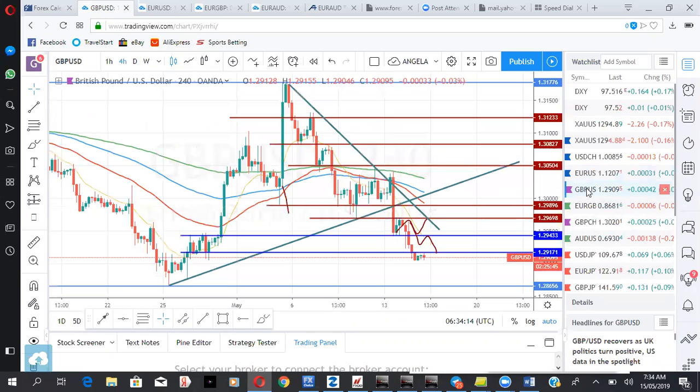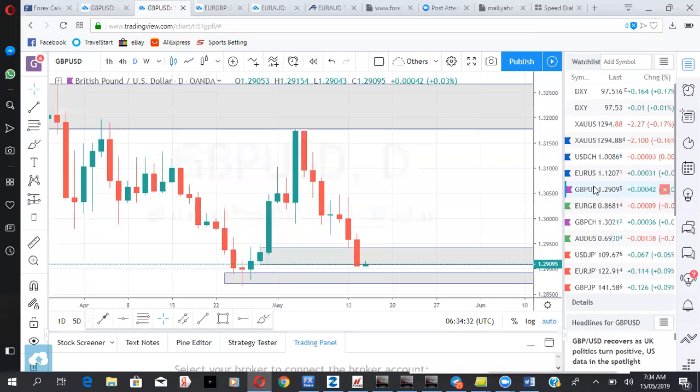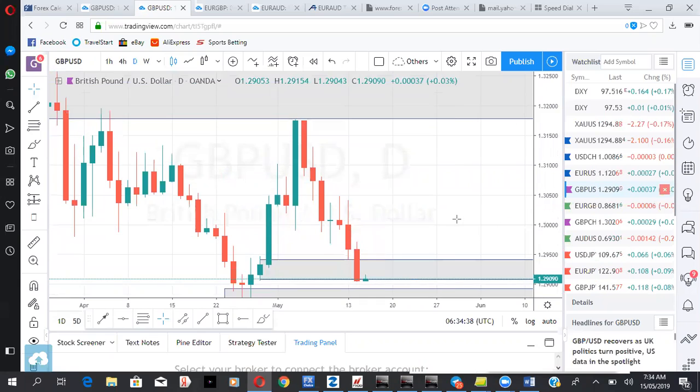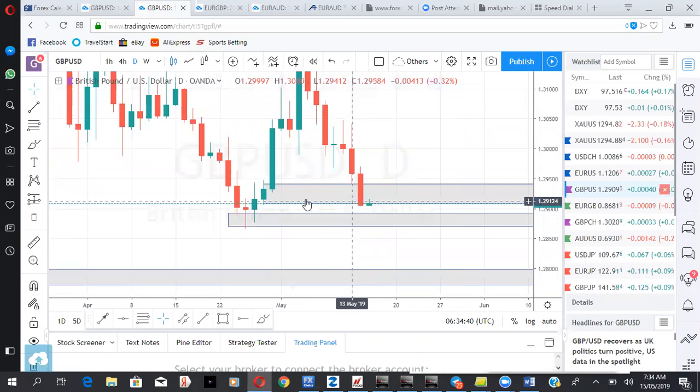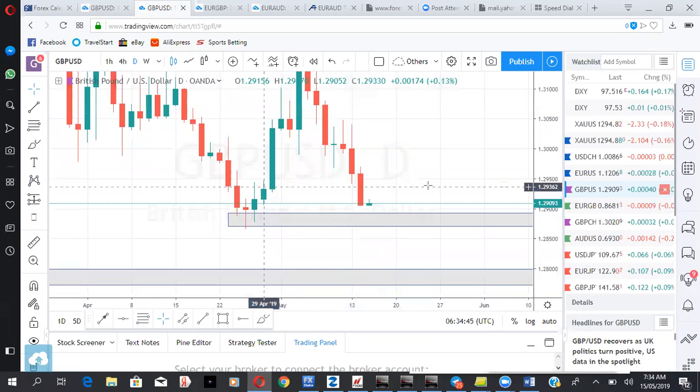Next pair we'll be looking at is the dollar pound. The dollar pound has been under a lot of pressure to the downside. Currently, you can see yesterday's candle closed bullish below this demand zone.